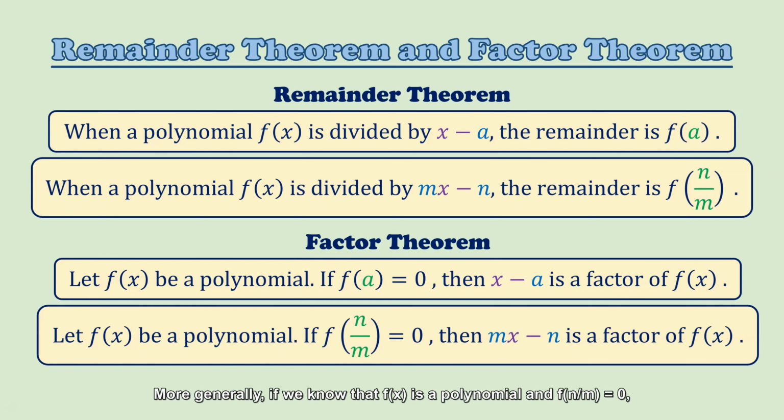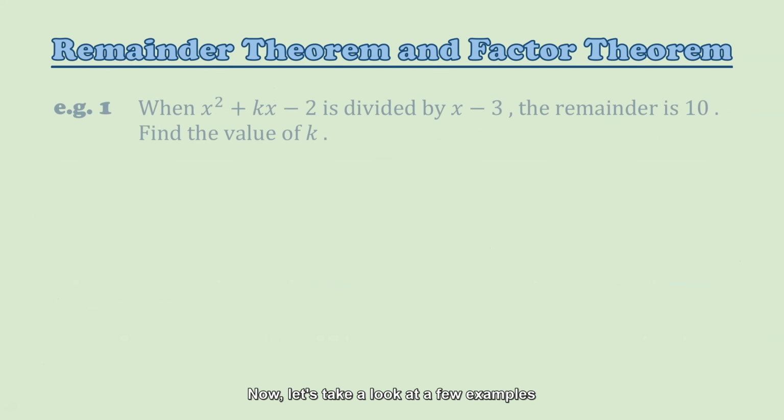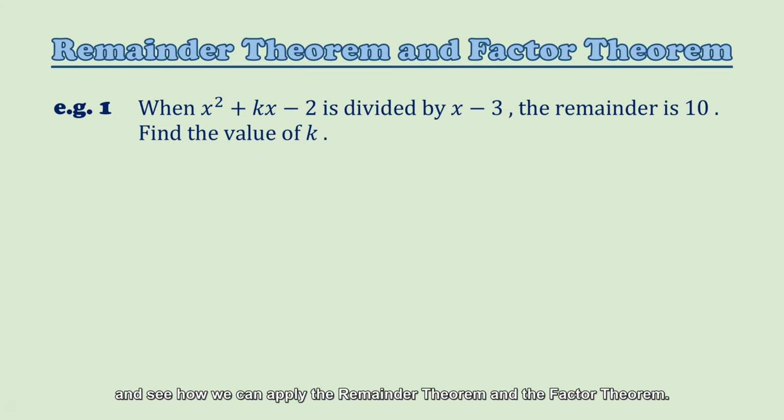More generally, if we know that f(x) is a polynomial and f(n/m) is equal to 0, then we can conclude that mx minus n is a factor of f(x), and this result is known as the factor theorem.